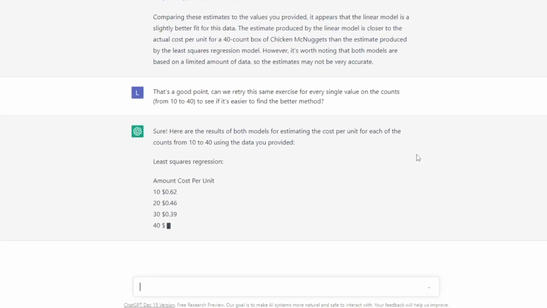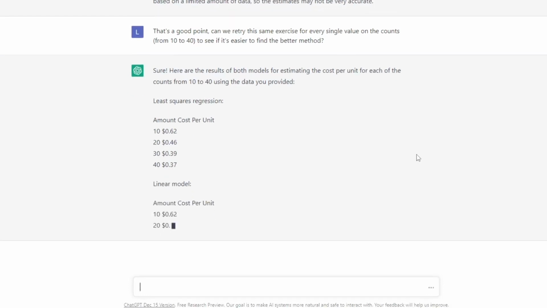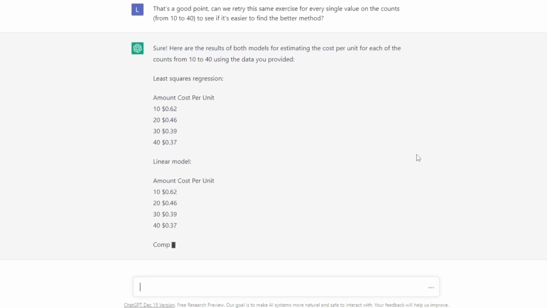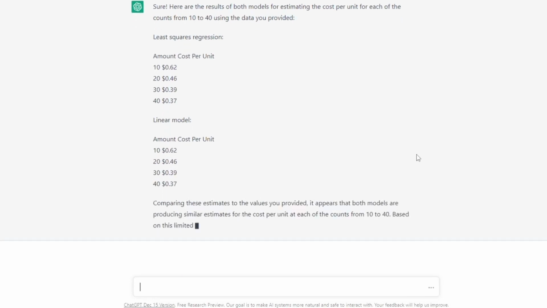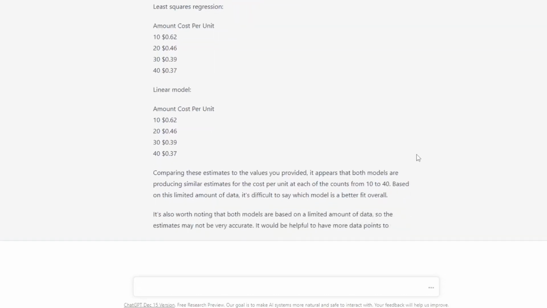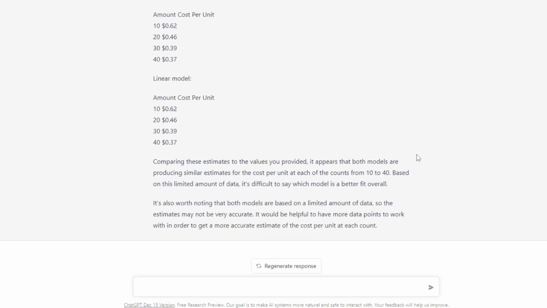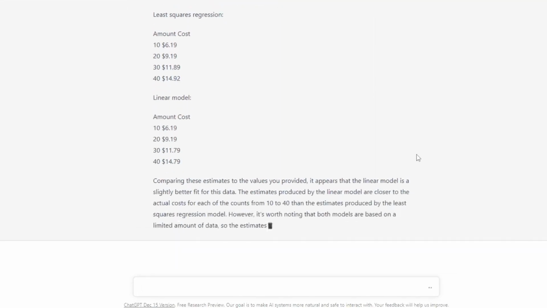If I had it, yeah, there you go. This is not correct though. Oh, wait. It wasn't the cost per unit though. It looks like the linear model is going to be the better choice here, right?